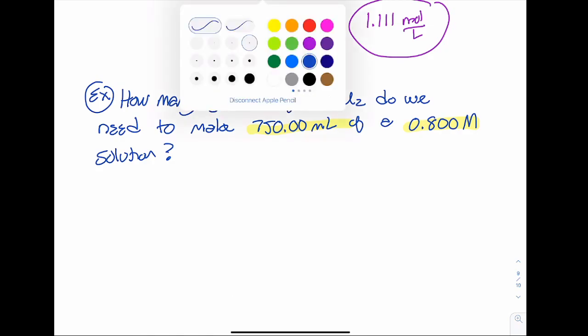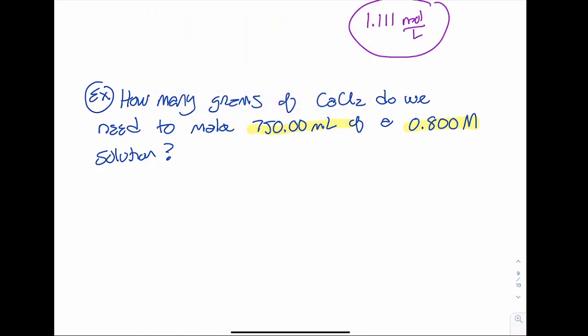I just always remember that if you're given molarity as part of the problem, it's going to be my conversion factor, right? This is going to be true anytime I'm given molarity as part of the problem, unless I'm doing a dilution problem, which we will do in this chapter. I'm going to write this out.